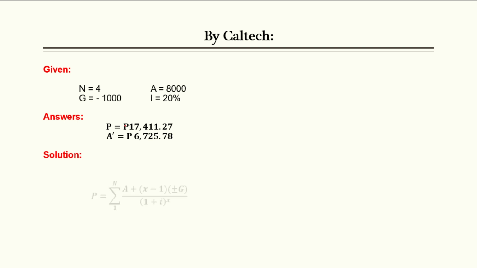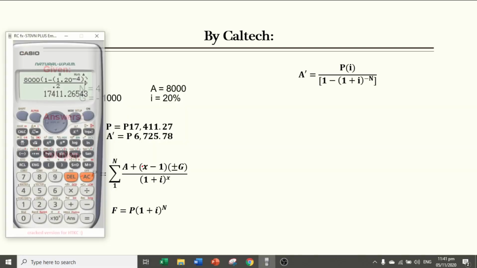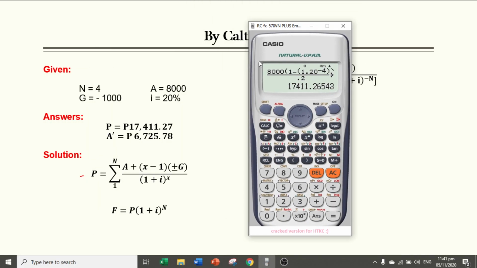Madali no? For the solution, yung pa rin yung formula ng ating Caltech. Okay? Kunin muna natin si value ng P. So, 17,000 yan walang daya yan. So, summation, shift, log. Ano yung A natin? 8,000 plus X minus 1.